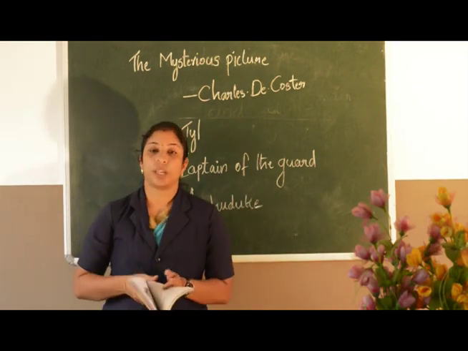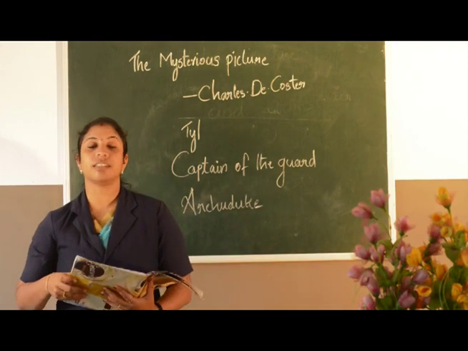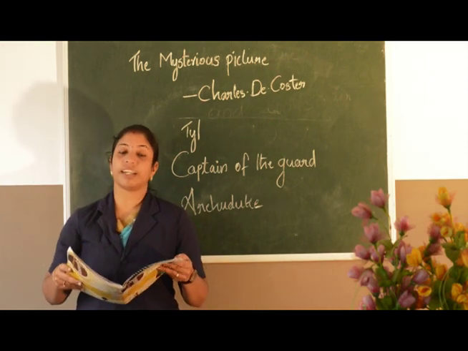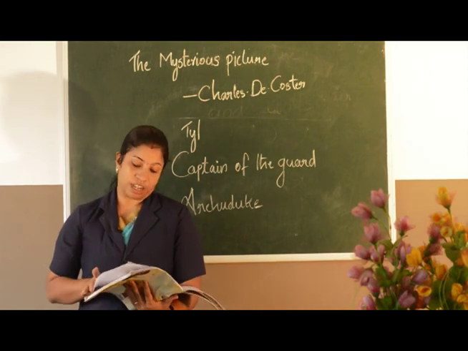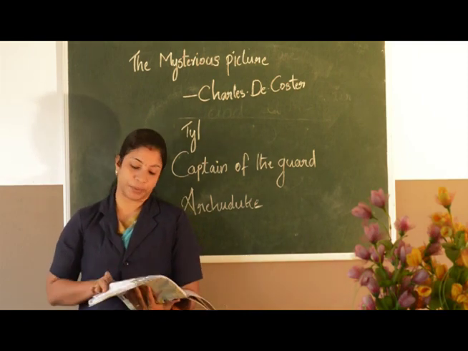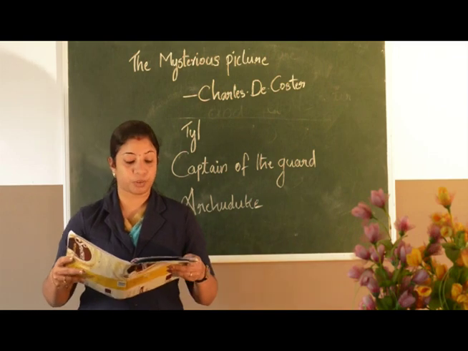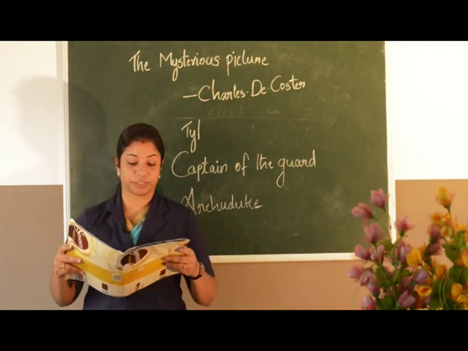So we learned three characters: Till, the Captain of the Guard, and finally our king, the Archduke. Now we can move to the fourth chapter, fourth paragraph.